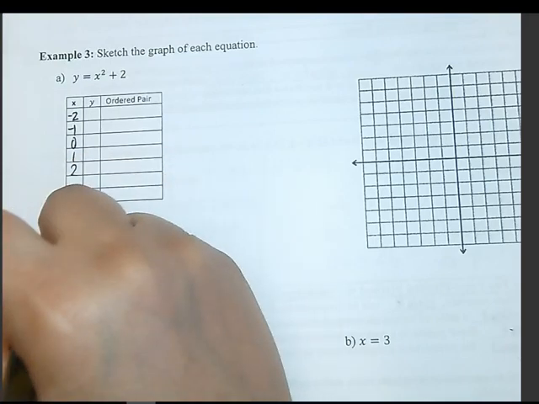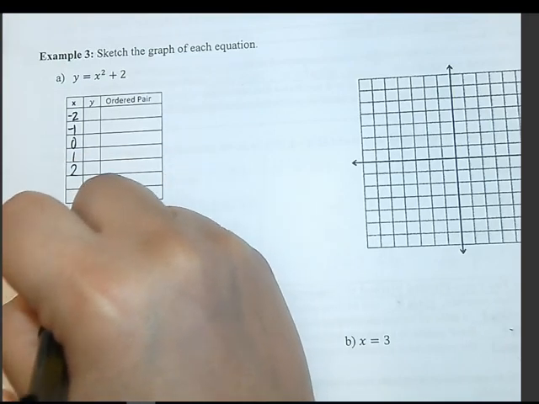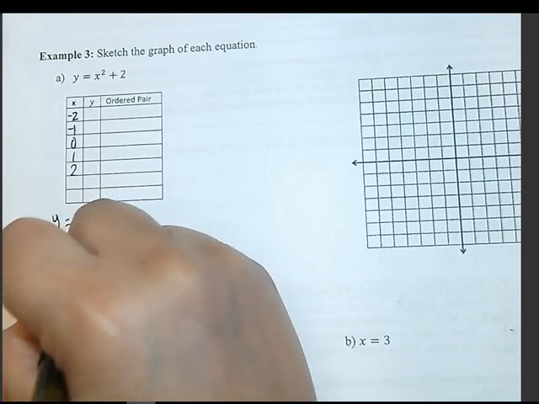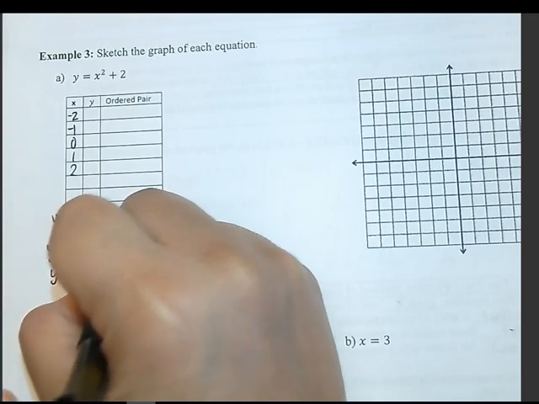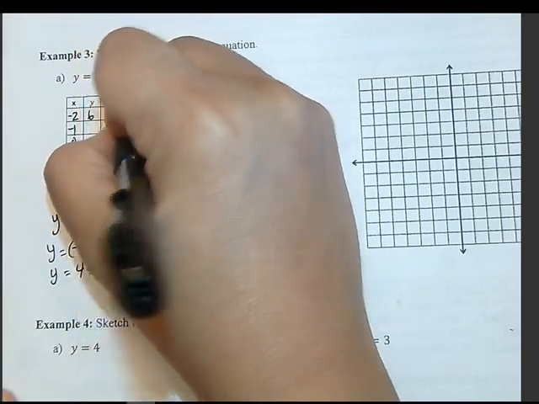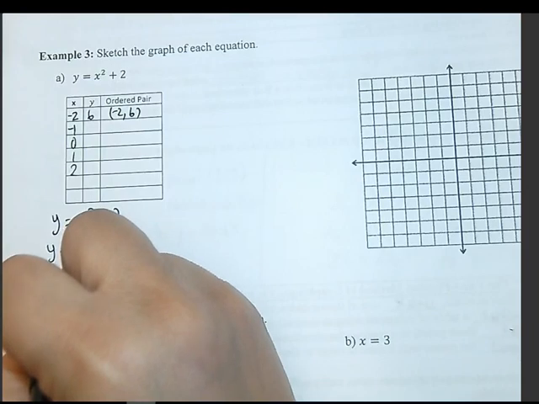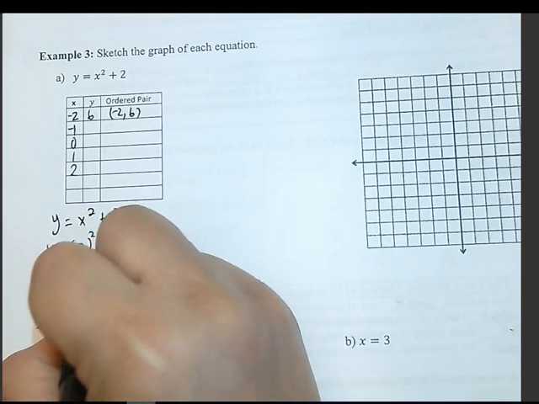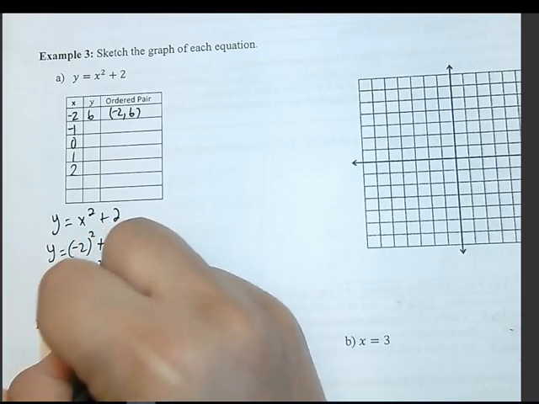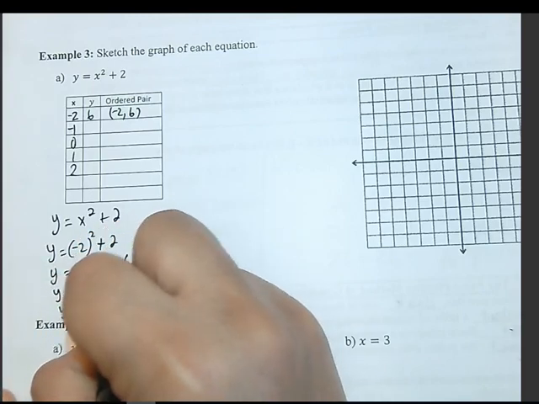So here we have y is equal to negative 2 squared plus 2. Negative 2 squared is 4 plus 2, which is 6. If I plug in a negative 1, negative 1 squared plus 2 would be 1 plus 2, which is equal to 3.